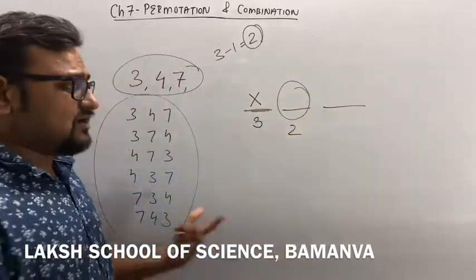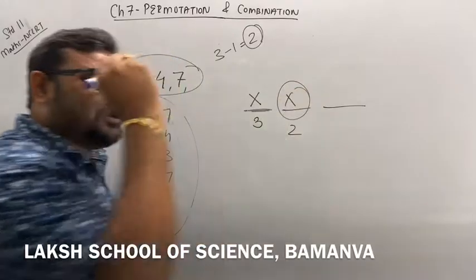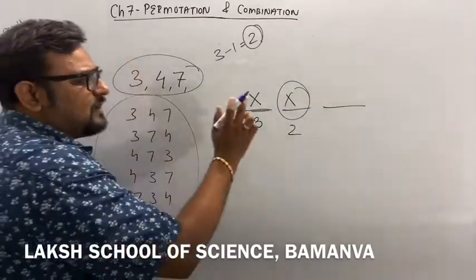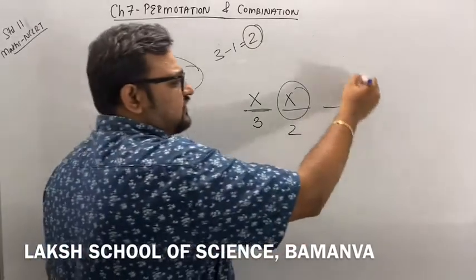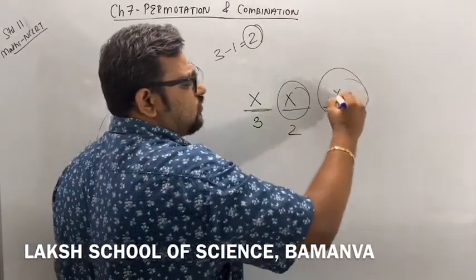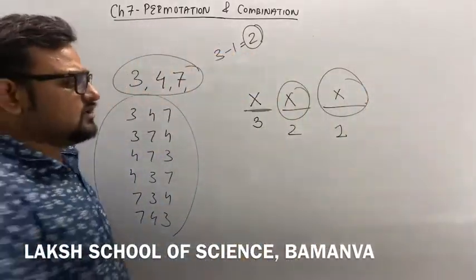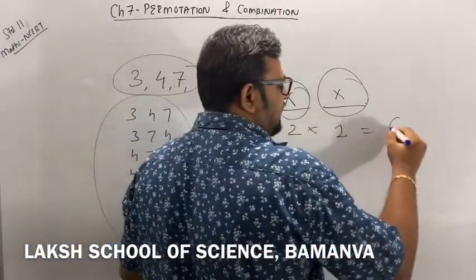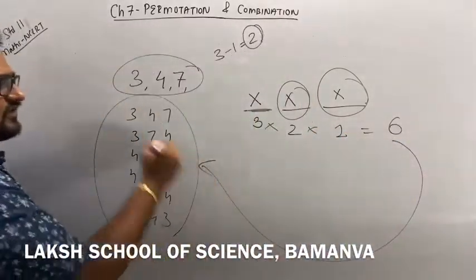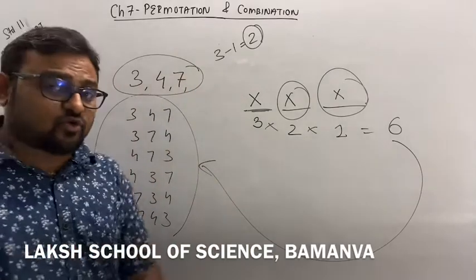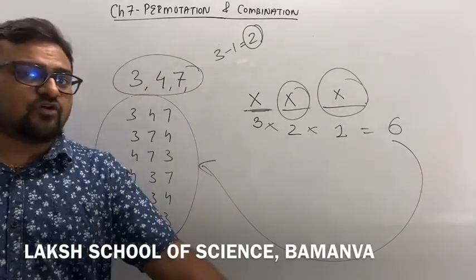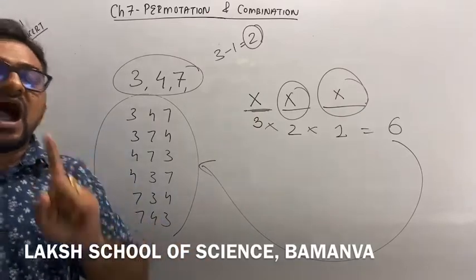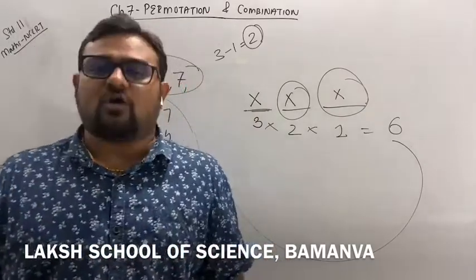Clear? So now let's say this is also filled. So from 3, how many are selected? 2. 3 minus 2, 1. So for this, only 1. So 3 into 2 into 1, 6. See, these are the 6. The question was not which numbers can you form, the question was how many numbers can you form.